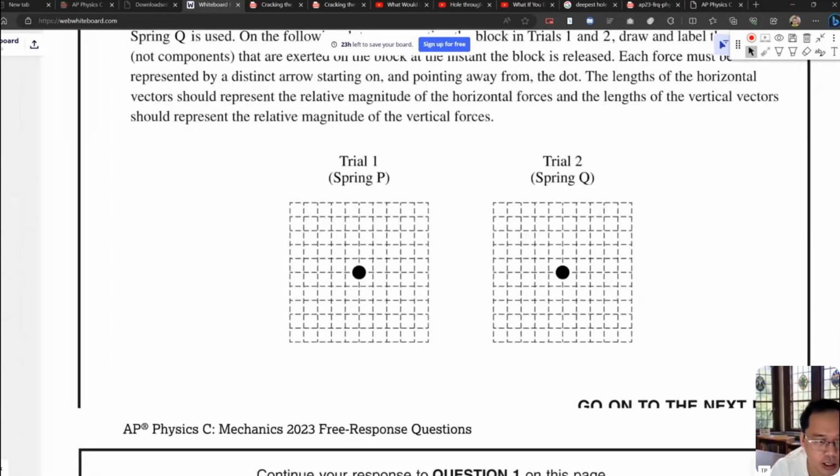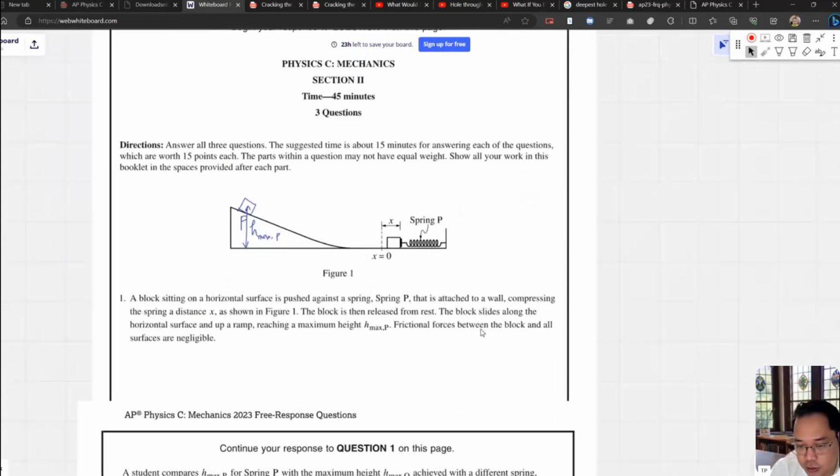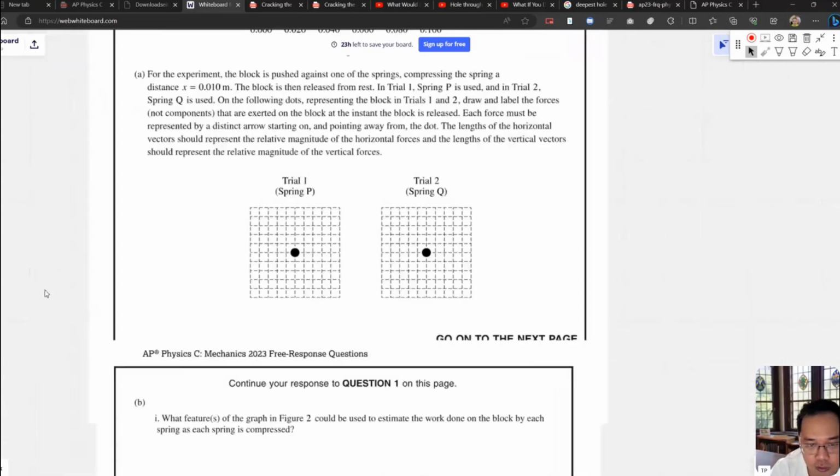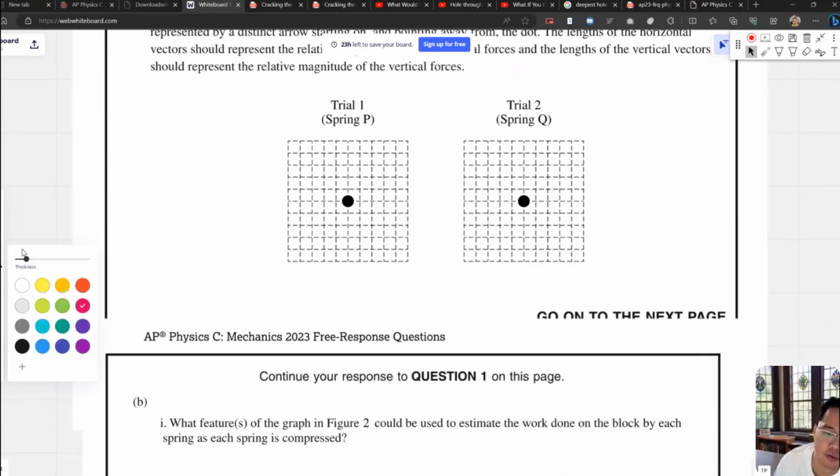Okay, there's no friction, right? Frictional forces between the block and all surfaces are negligible. So for the object in each of the two trials, there are three forces acting on it. Firstly, the weight.